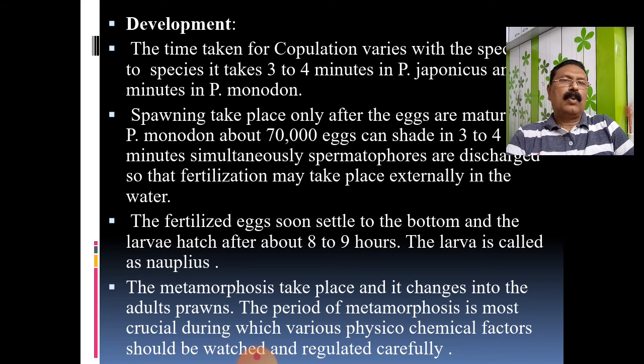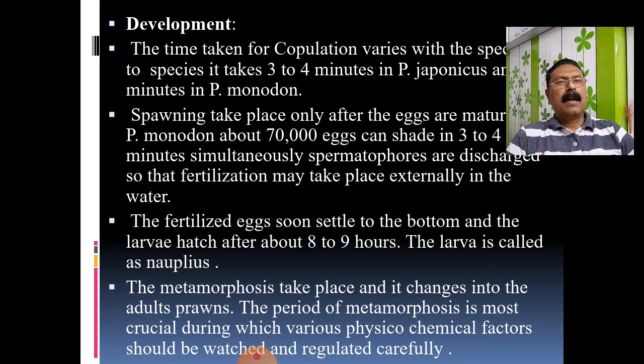That larva is known as the nauplius. So the nauplius larva is the first stage after fertilization. Within those 8 to 9 hours, the embryo forms, and that embryo gets converted into the very earliest stage of larva, known as the nauplius larva.